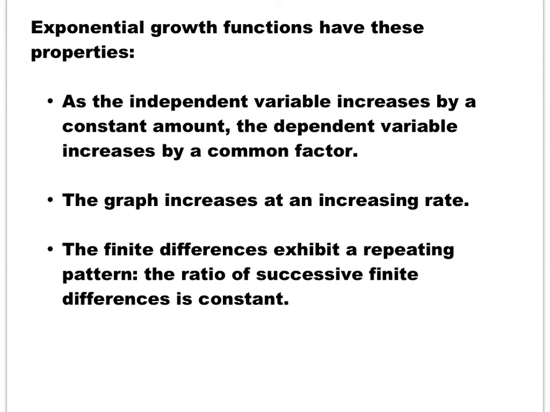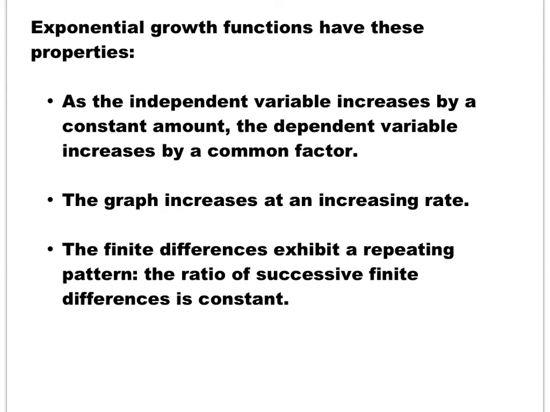The slope of the lines tangent to the graph starts from 0 when the tangent is parallel to the x-axis, and increases until it is parallel to the y-axis, which is infinite. The other important fact about exponential growth is that the finite differences show a repeating pattern. The ratio of successive finite differences is constant.